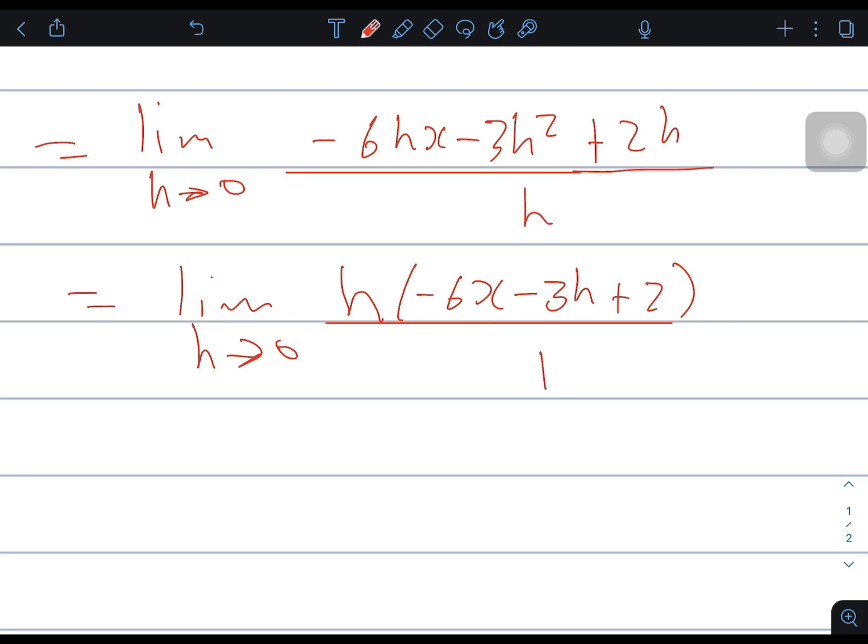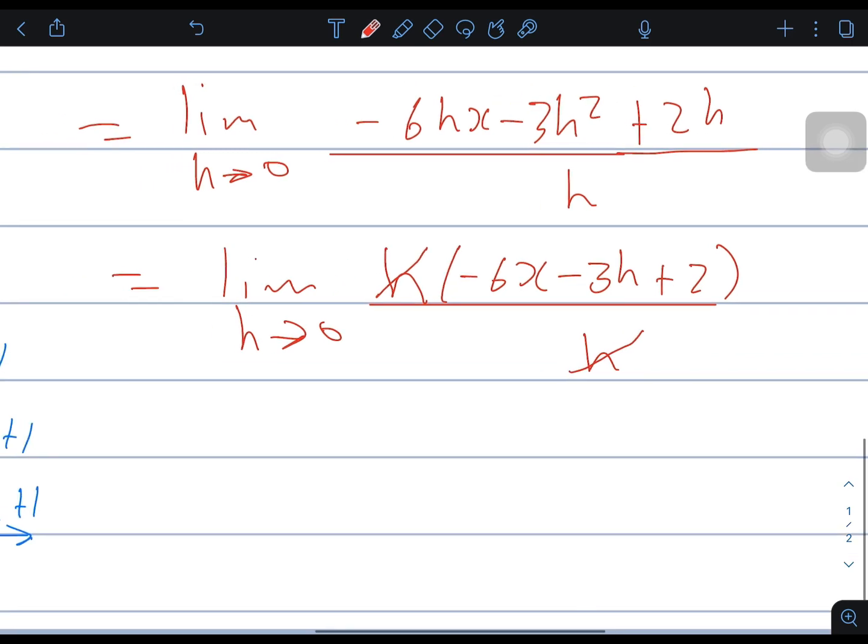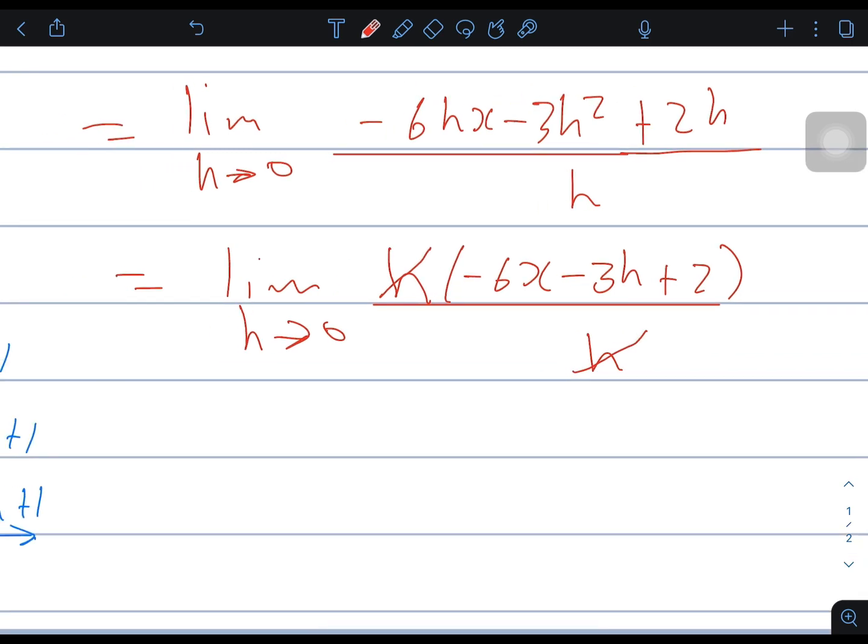I took out h as a common factor, which cancels with the h in the denominator. Guys, h approaches 0. Okay, let me write it again. Limit as h approaches 0 of negative 6x minus 3h plus 2.